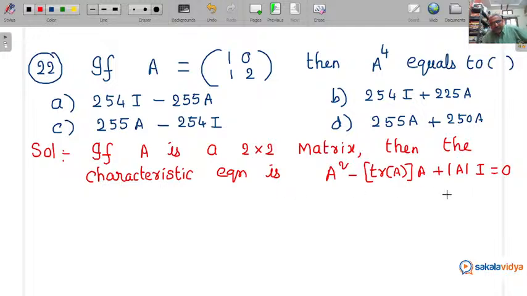So first let us find out the characteristic equation corresponding to the matrix A.